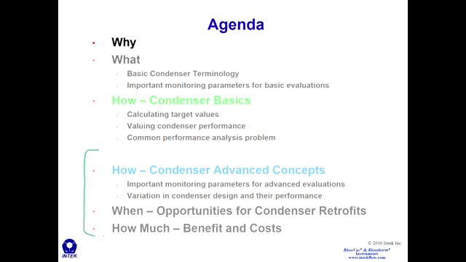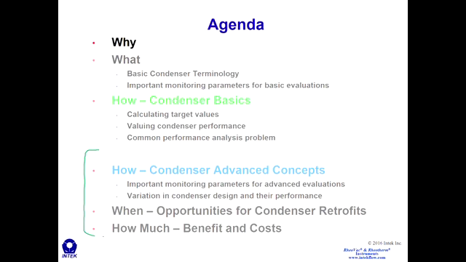In tomorrow's session, we'll answer how again, but from a more advanced concept standpoint. We'll talk about important monitoring parameters for advanced evaluations. We'll talk about variation in condenser design and how it affects performance. And we'll talk about when there are opportunities to address condenser design issues.